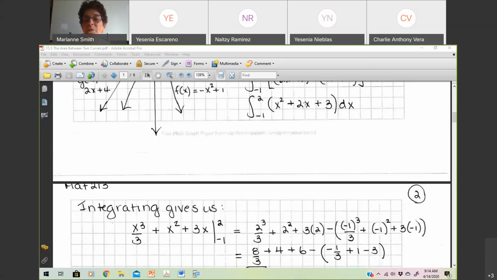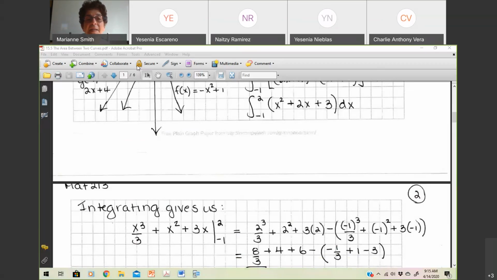This is going to be 2x to the first, so I'm going to add 1 to the exponent to get 2x squared, and then that will be over 2. These 2's cancel out, and I'm just left with x squared. This is like 3x to the 0. Remember, I can think of 1 as x to the 0, and then add 1 to the exponent. So I get x to the first over 1, which gives me 3x.